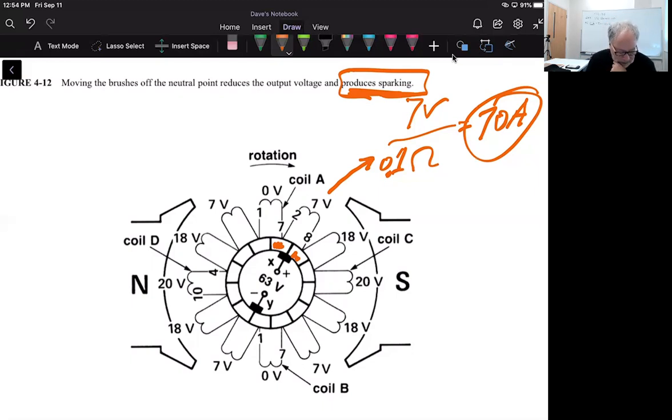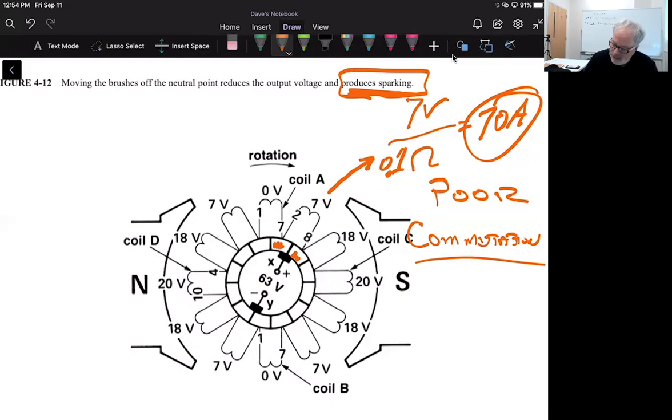We don't want that to happen. He calls this poor commutation, and that's a direct result of the brush shorting out a coil that doesn't have 0 volts across it.